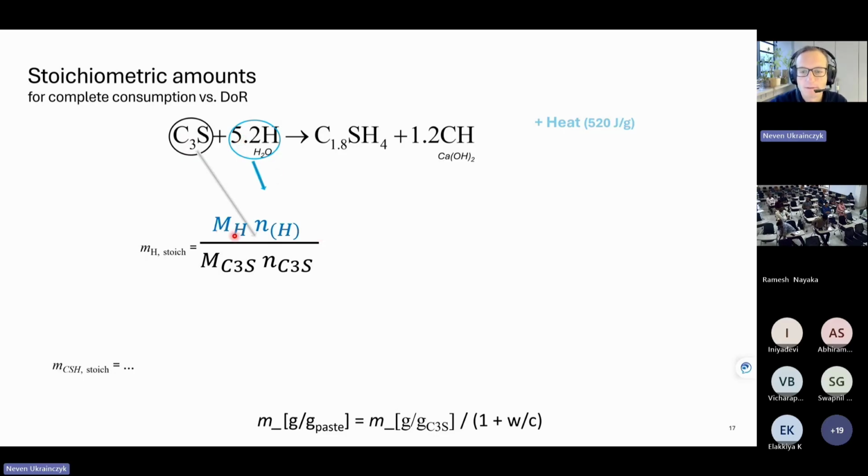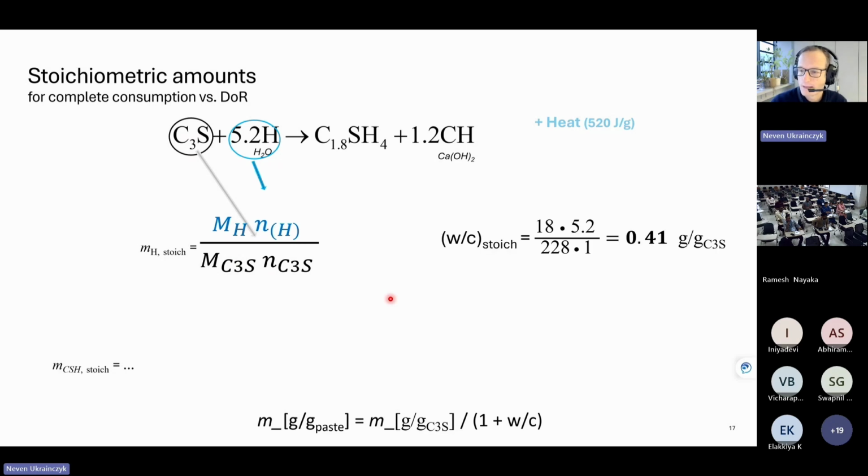That means that we need to multiply this molar mass by 5.2, because we have 5.2 times more atoms here, and then relate it to the molar mass and the stoichiometric coefficient, which is 1 here.